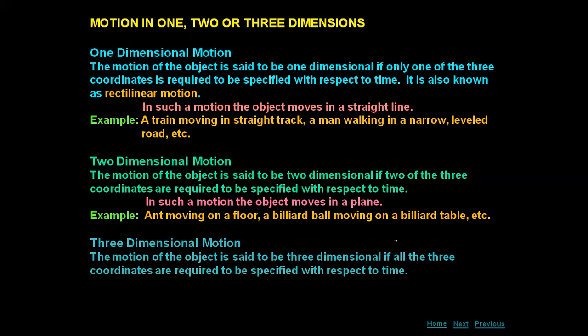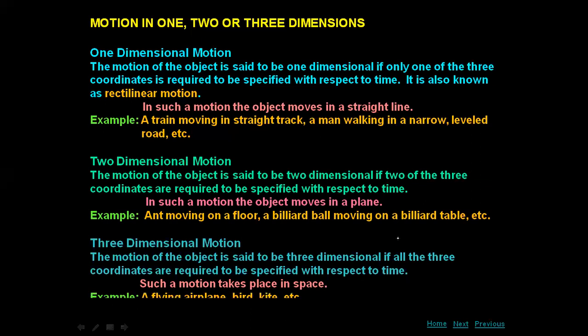The motion of an object is said to be three-dimensional if all the three coordinates are required to be specified with respect to time. When we launch a rocket, it is in three-dimensional motion. We measure all the directions with respect to three axes, and we describe the motion of the objects in space.